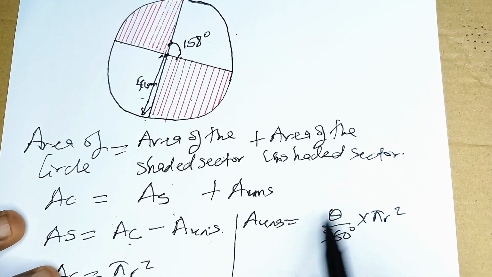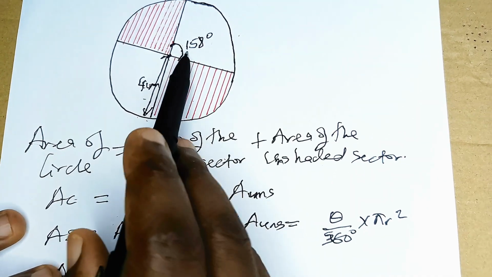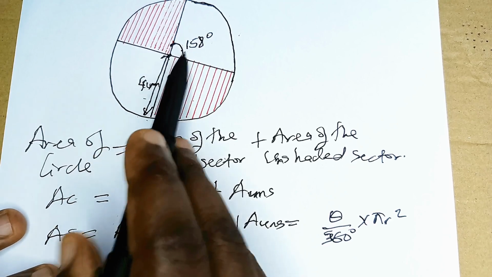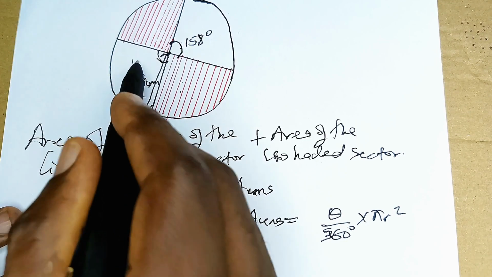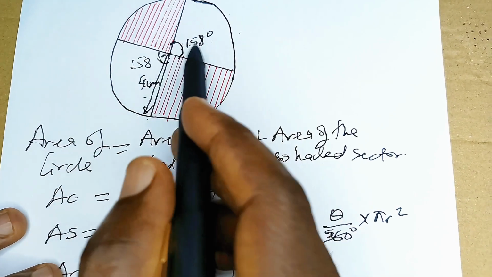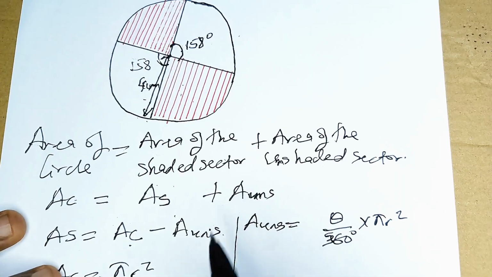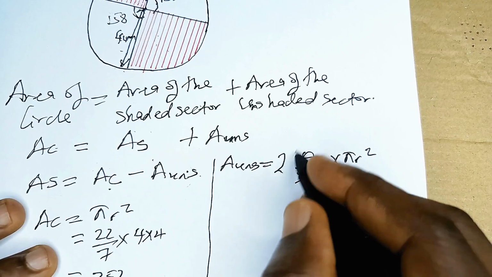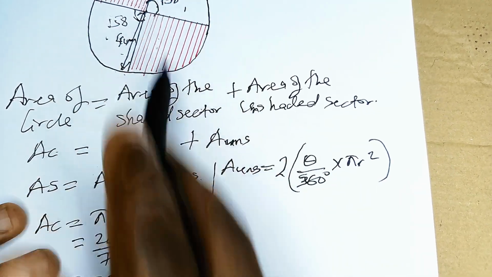The angle is 158 here, and this is the same because these are vertically opposite angles. This will also be 158. So this and this are the same, which means we are having this in two places. So this formula will be multiplied by 2 because we are having it in two places.